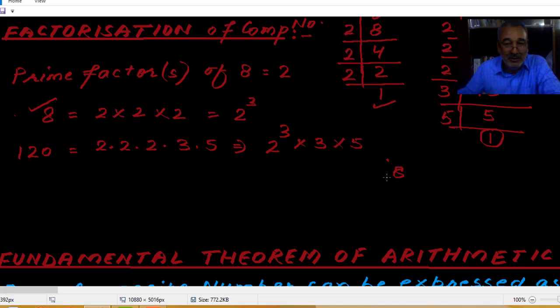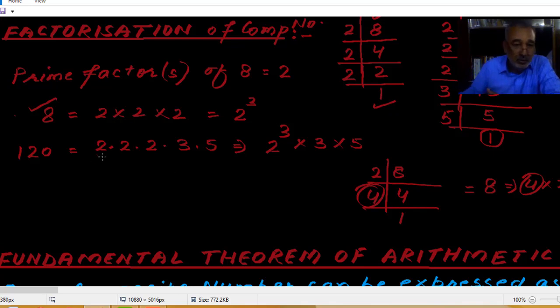A student does his work as 2 4s are 8 and he tries to divide it by 4 here and writes 8 is equal to 4 multiplied by 2. The expression is correct, but this is not a product of primes, as 4 is not a prime number. So I should not divide this number 8 by any composite number. There should be no composite number in these factors.